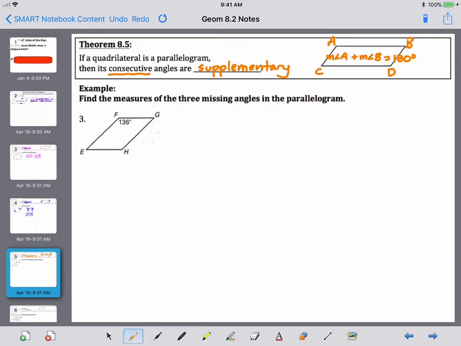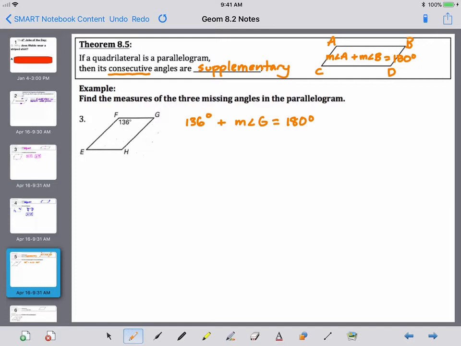Let's use that on this next example. We're asked to find the measures of the three missing angles in the parallelogram. I only know this one angle F. Using theorem 8.5, we can say that 136 degrees plus the angle next to it, which is angle G, is equal to 180 degrees.